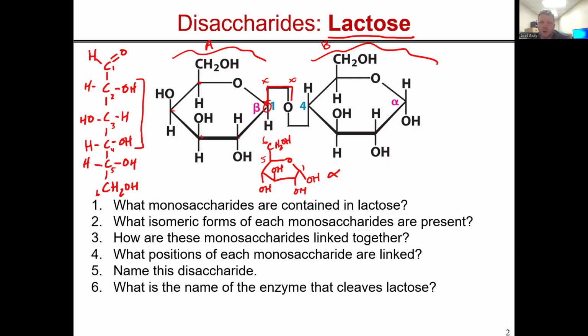So carbon number 1 goes to oxygen. The difference is that carbon number 1 on the sugar that I drew is pointing downward, whereas in the disaccharide, it's pointing upward. So it's a different anomer. That's not really too much of a difference.